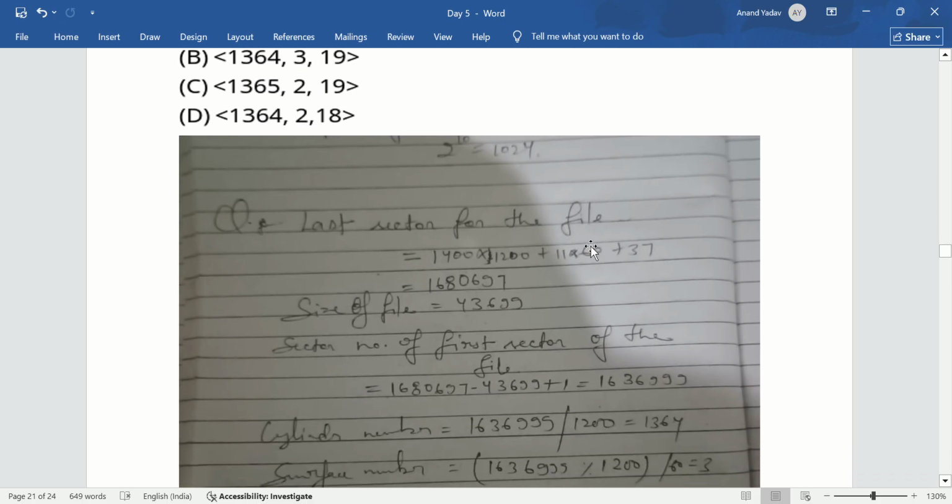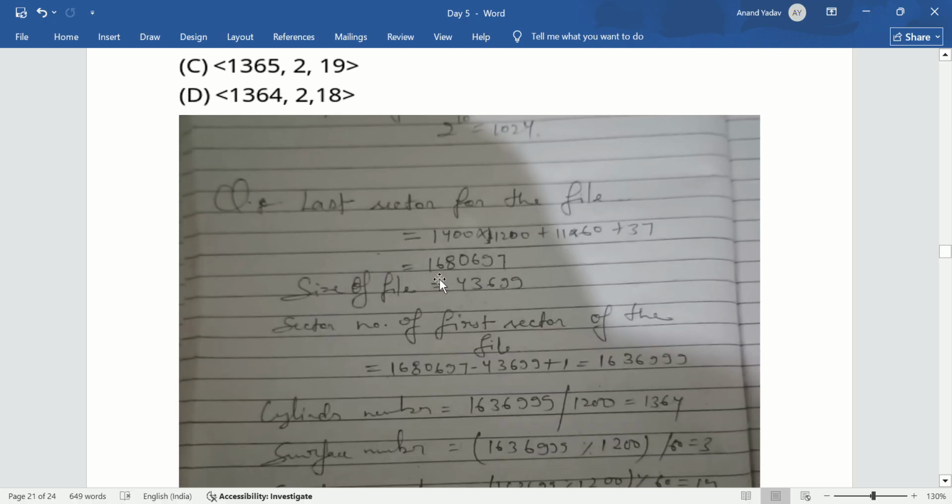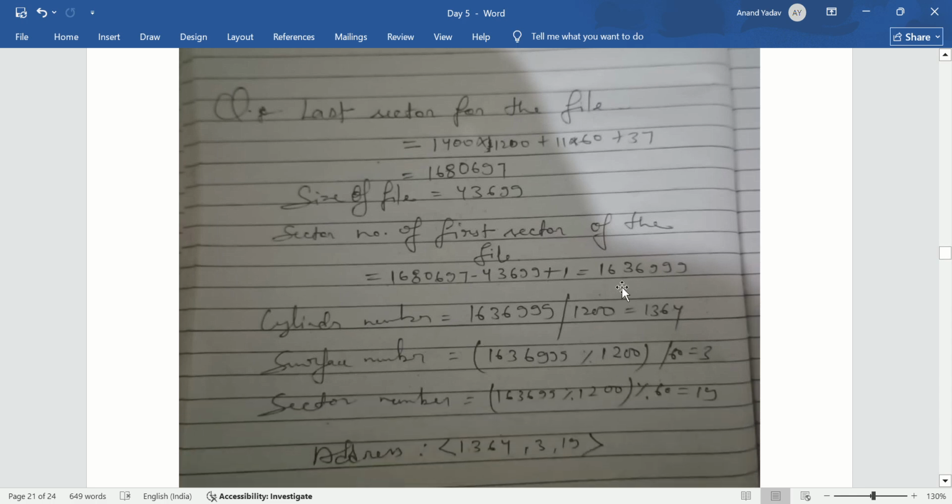First we find the last sector of the file using this address. Then the size of the file is this, so subtract the file size and add 1, and I will get the sector number of the first sector of the file. Then convert it into cylinder number, surface number and sector number by division and modulus.